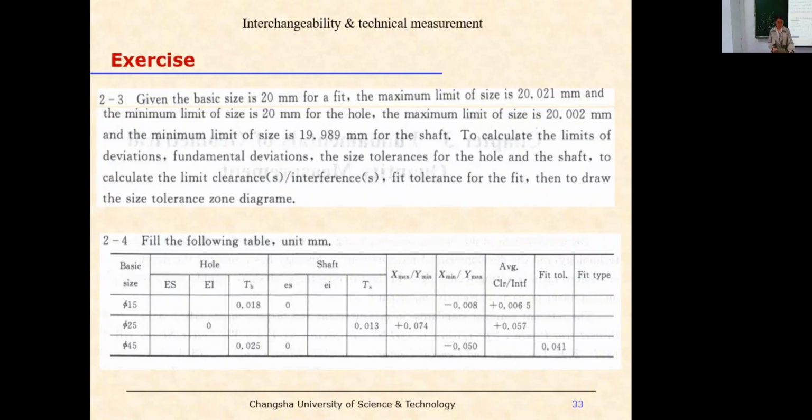This is the minus, right? The minimum or the maximum. This is the minimum clearance or the maximum interference, right? So it is minus 0.008.